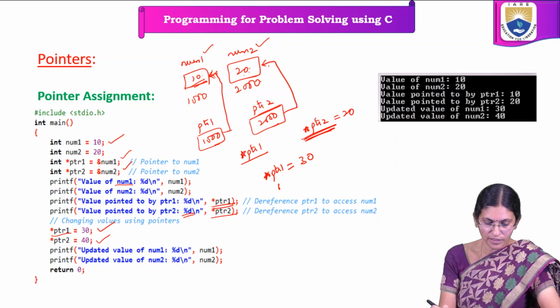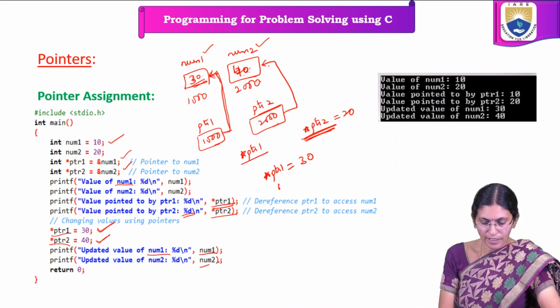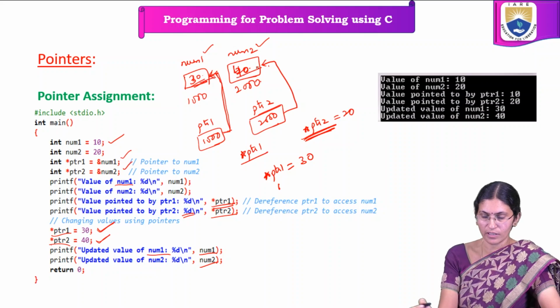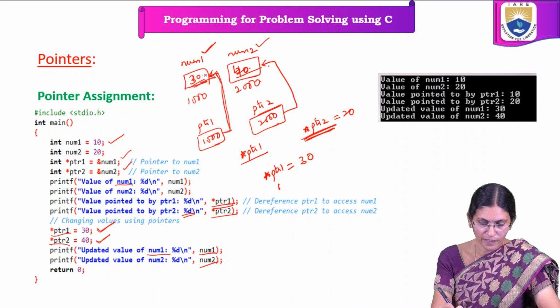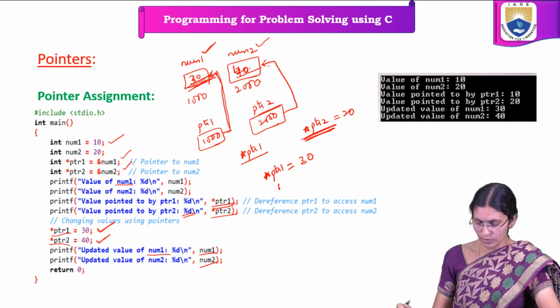Star ptr1 is the value at this particular address, so the value at this address is assigned as 30, and the value at this particular address is given a value of 40. So now num2 value will be 40. Now if you try to print num1 and num2, you will get 30 and 40. So in this way, by using these operators, we can actually work on the values. We can also change the values.